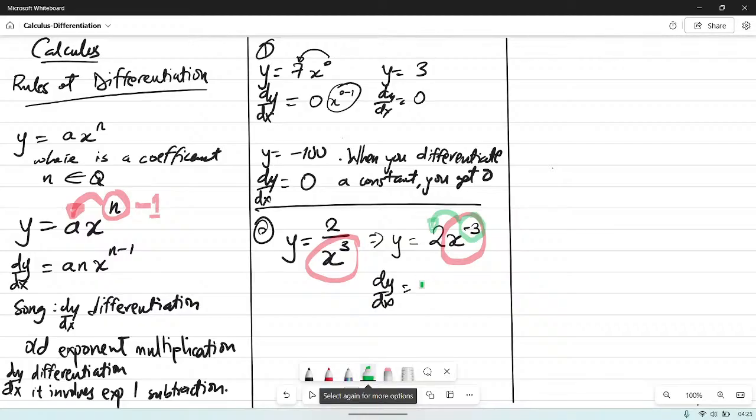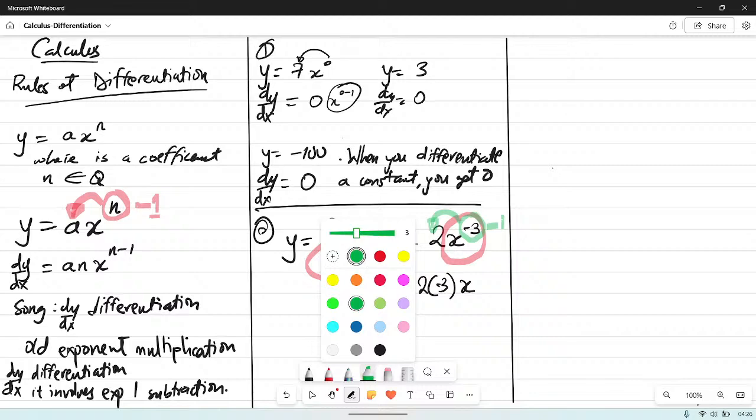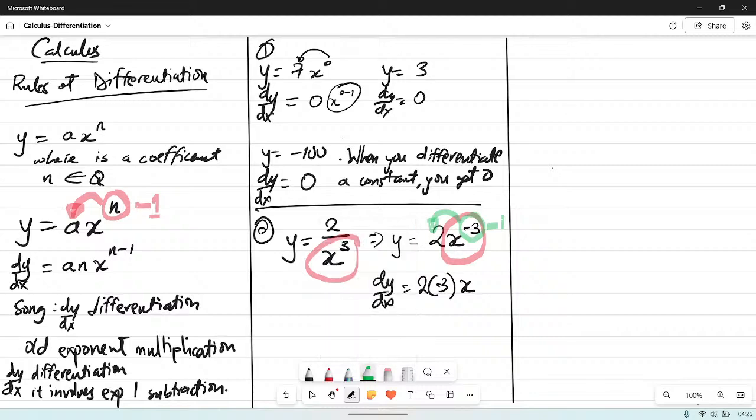So it becomes 2 times negative 3x. Then you subtract 1 from the old exponent, because we are doing differentiation. So it becomes negative 3 minus 1. Then dy/dx becomes negative 6 x exponent negative 4. But the question was given in terms of what?